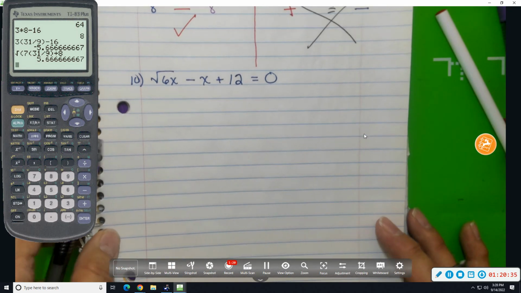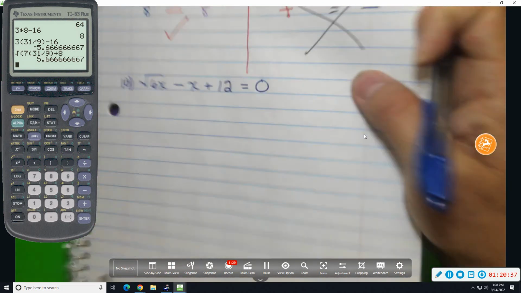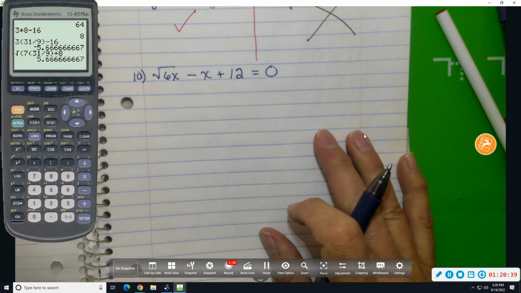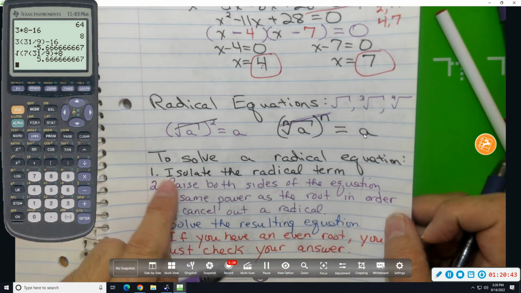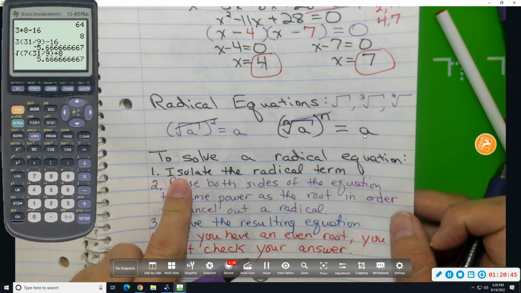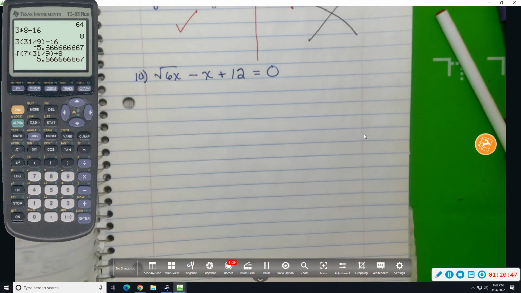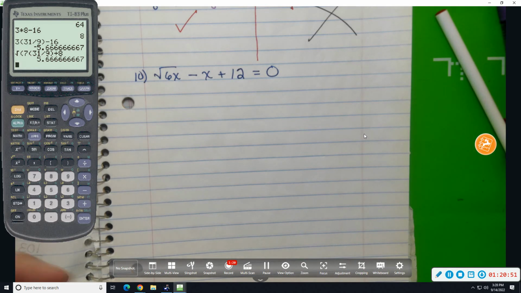Okay. Let's always try to leave it like this so I can flip back to my little sequence of steps. Isolate the radical term and then square both sides. Well, what am I going to do to get that square root symbol by itself?